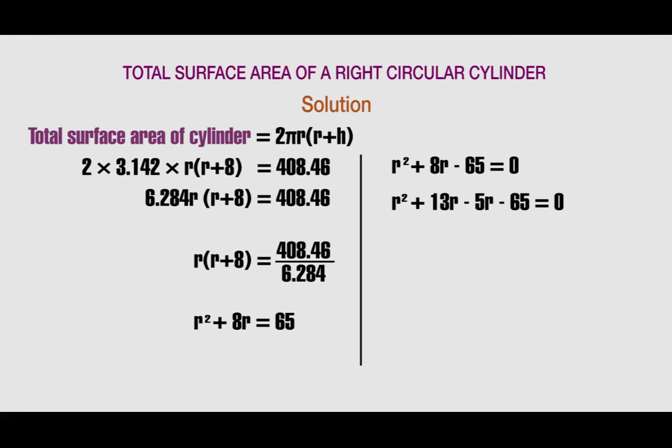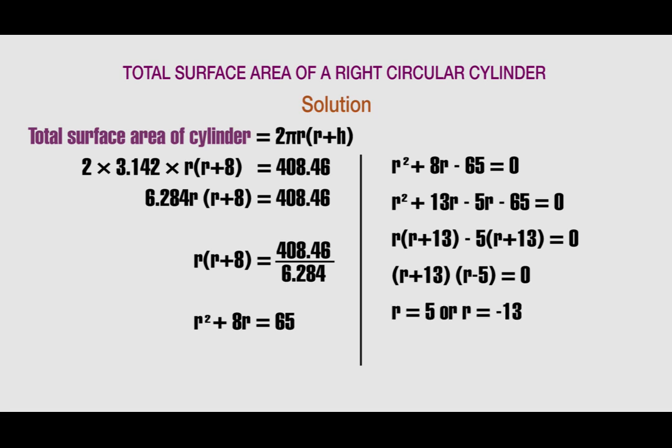If you factorize, you have r (r plus 13) minus 5 (r plus 13) equals 0. Another factorization will give us (r plus 13)(r minus 5) equals 0. We pick the two factors one after the other and solve for r. Solving, you have r equals 5 or r equals negative 13.